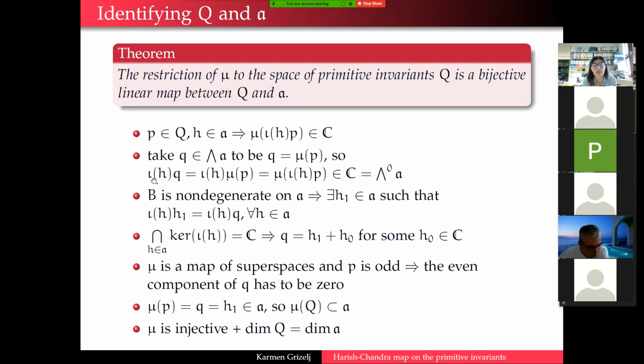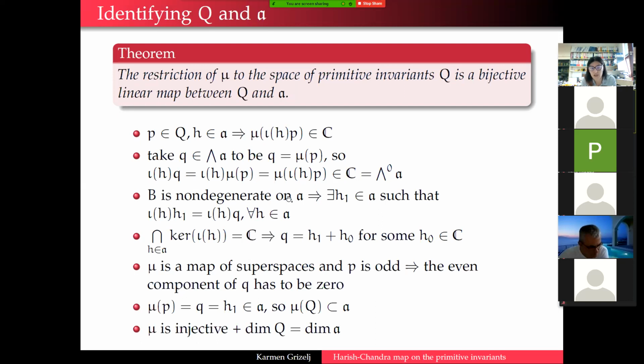And remember that this iota was defined on P with a bilinear form, which is non-degenerate.